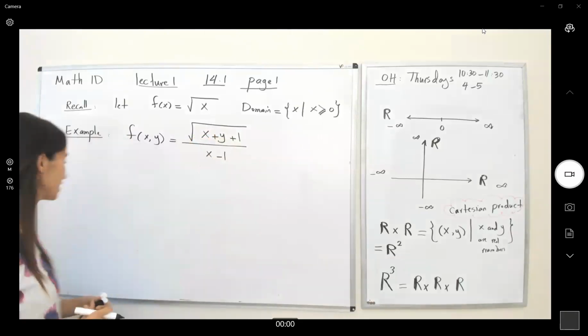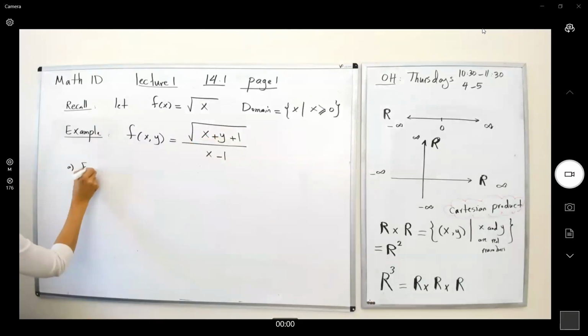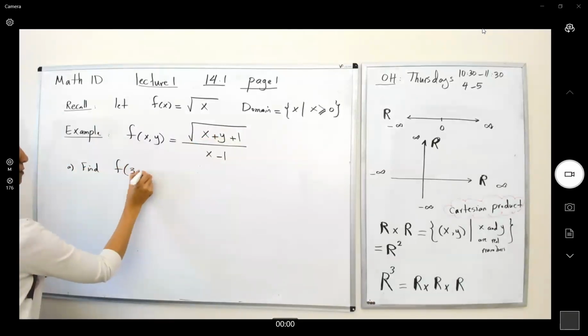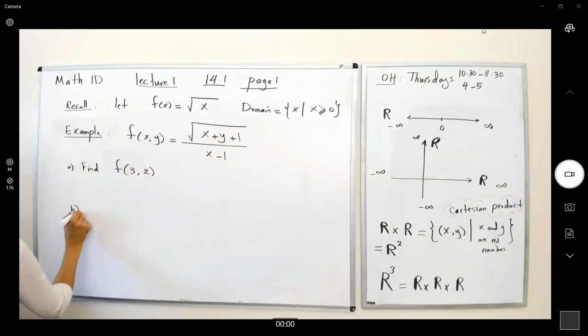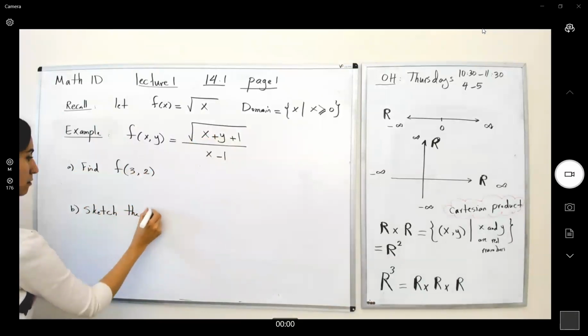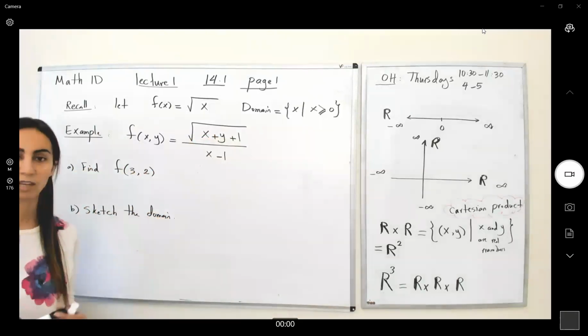The question says, find f of 3 and 2, and then sketch the domain. Very well.